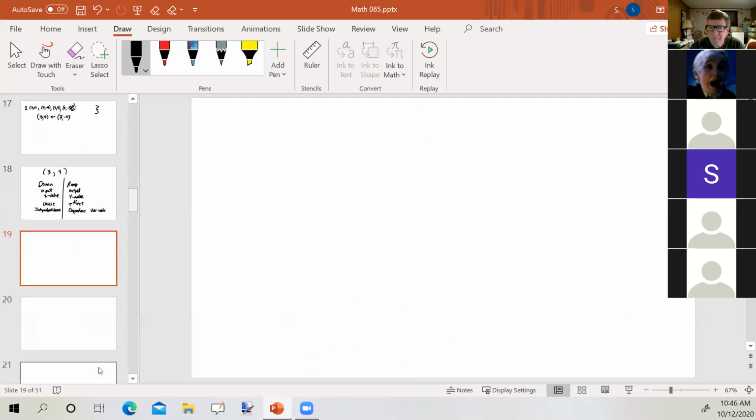Let's take a look at something else here, and this has to do with notation. There is some special notation that we use when we're dealing with a function. Let's take, for instance, the equation y equals 2x plus 3.